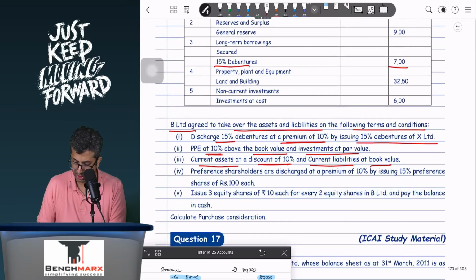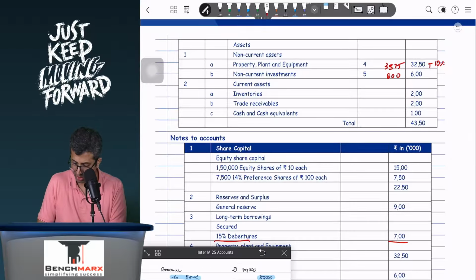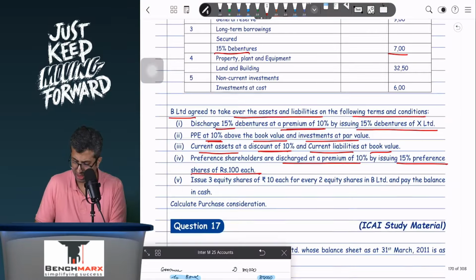Preference shareholders are discharged at a premium of 10% by issuing 15% preference shares of rupees 100 each. So if I look at preference shareholders, which is a part of PC, payment to preference shareholders 7,500 preference shares, 750. Discharged at a premium of 10%, 750 plus 10%, which probably comes to 825. Part of PC.